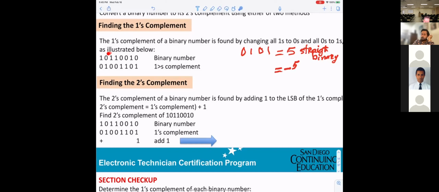You want to convert it into the first complement, just change 1 to 0, 0 to 1. That's it. 1 you change to 0, 0 you change to 1. 1 change to 0, 1 change to 0, 0, 1. Okay, keep going. Then that number will be the first complement.